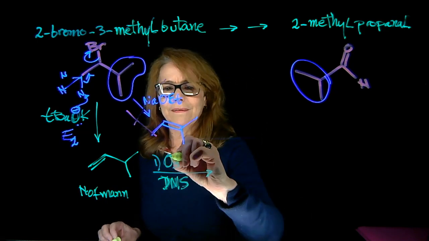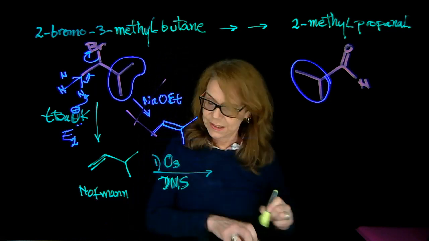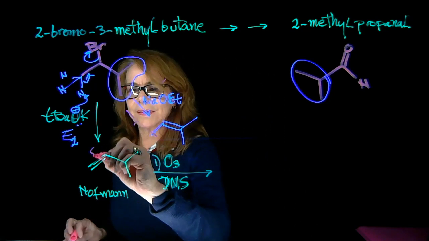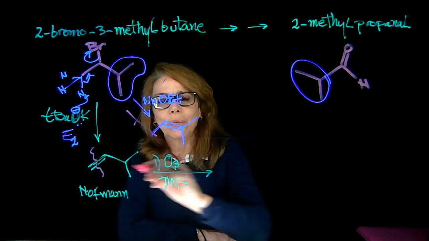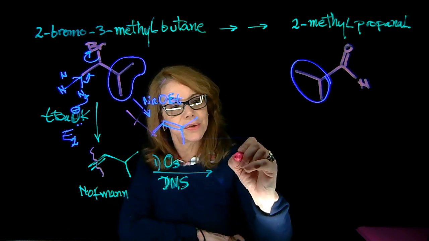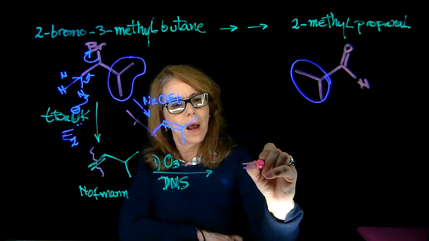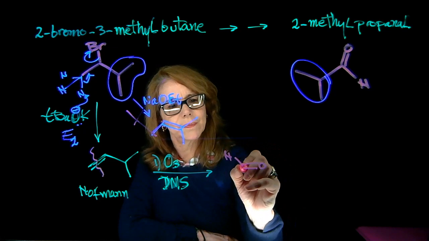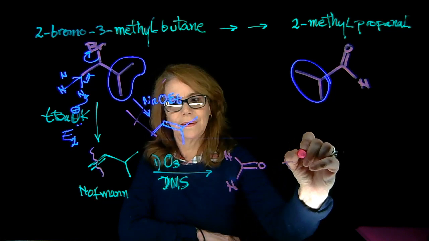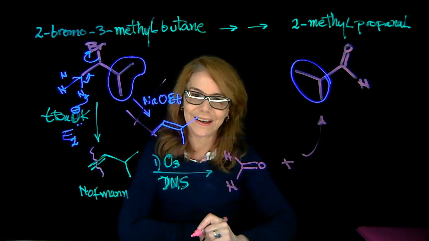All right, so what this is doing is we are cleaving this bond. And now notice, I will form 2 things. We're going to form formaldehyde plus this molecule above. So now I've reached my target.